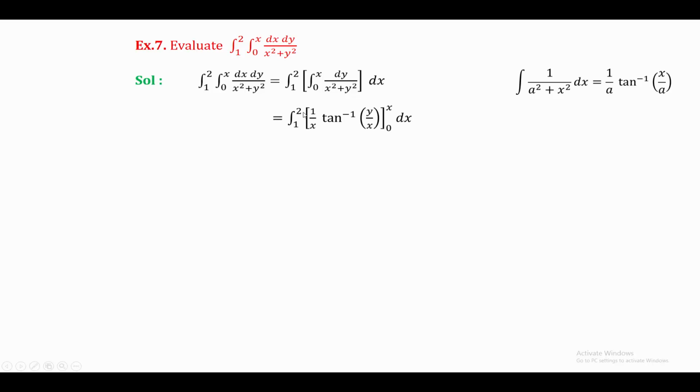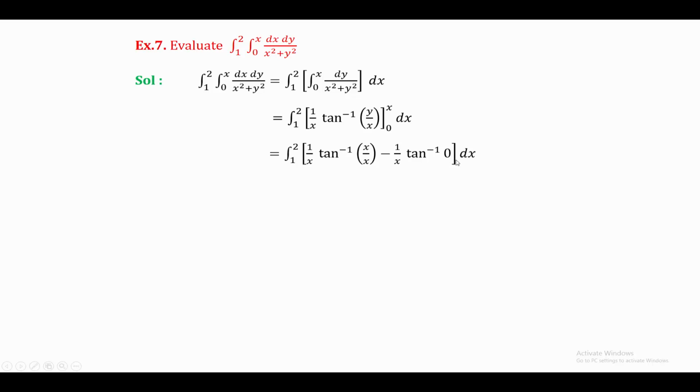Integration limit 1 to 2, inside the bracket 1 upon x tan inverse y upon x, and y varies from 0 to x dx. Now first put the value of y is x upper limit, so integration limit 1 to 2 1 upon x tan inverse x upon x, minus 1 upon x tan inverse 0.